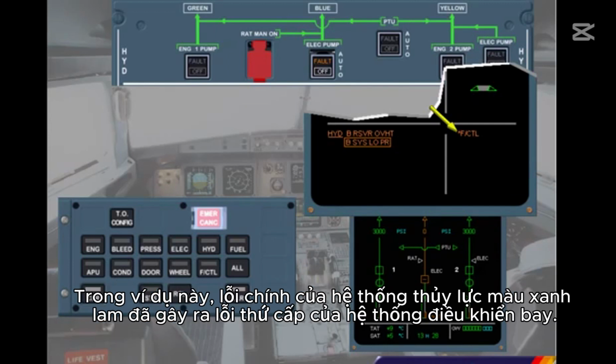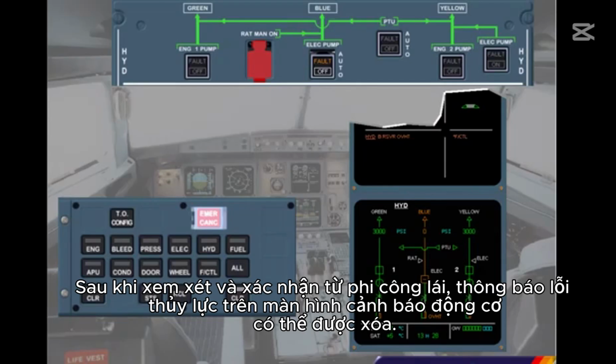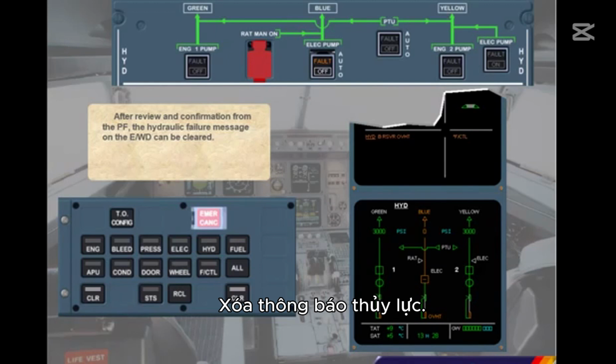In this example, the primary failure of the blue hydraulic system has caused a secondary failure of flight controls. After review and confirmation from the pilot flying, the hydraulic failure message on the engine warning display can be cleared. Clear the hydraulics message.